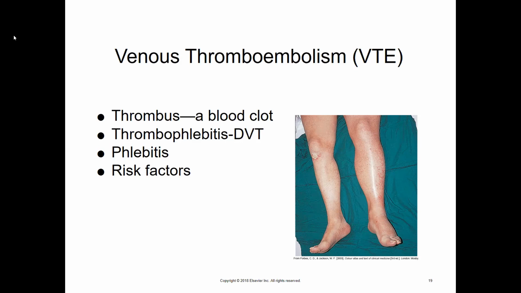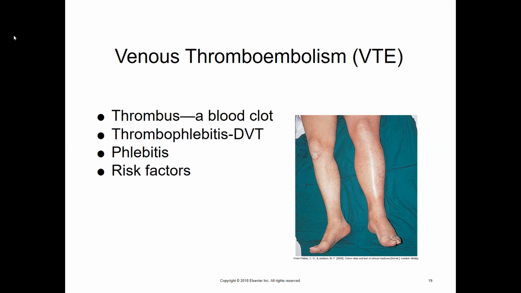And so when this happens, the blood flow is stopped by the embolus. And then often a small piece of a clot can break off, and that can go to your lung, which is called a pulmonary embolism, which we're not going to talk about today.